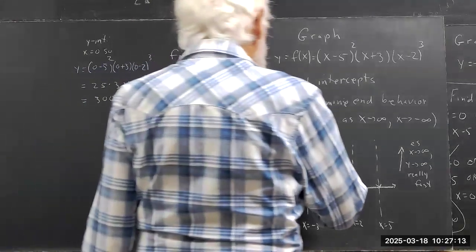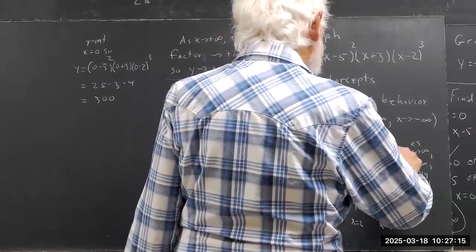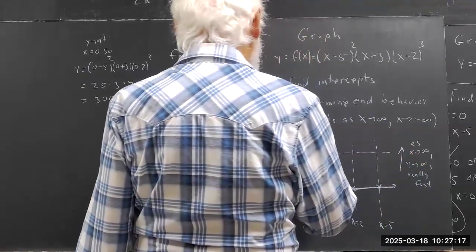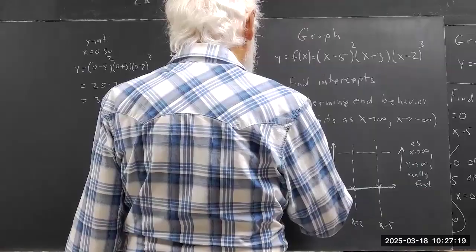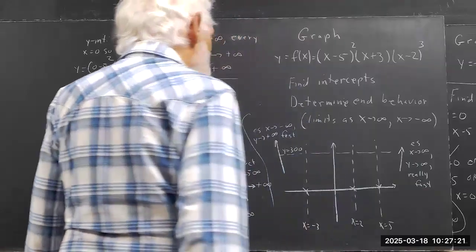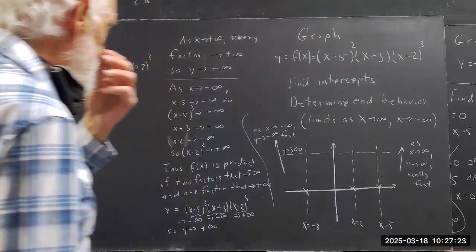So we sketch a little line here and label it y equals 300.